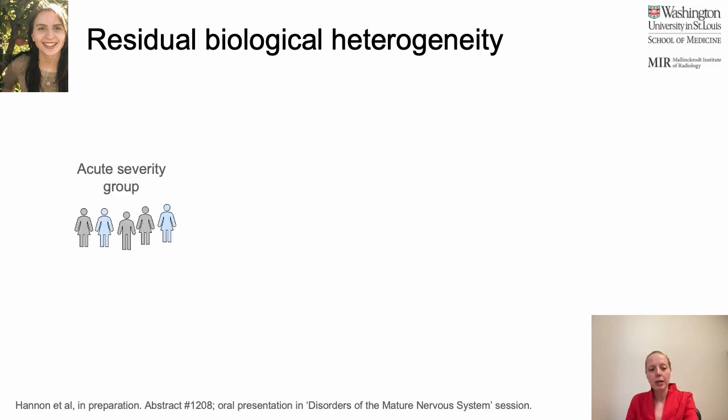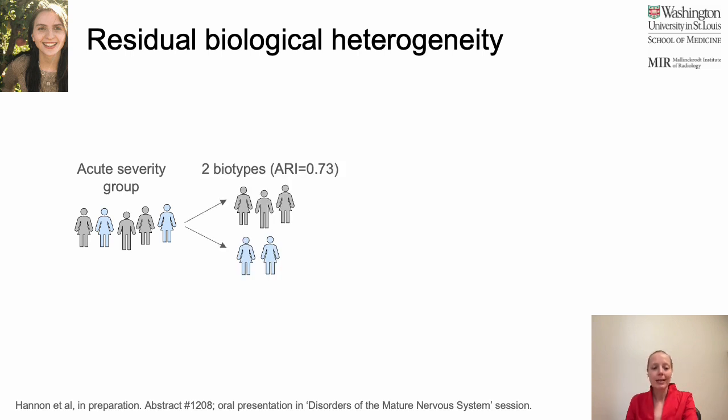So using clustering, and focusing on the acute severity group, we did identify two different biotypes. We did some bootstrapping to optimize the number of biotypes, and we did some cross-validation to test how stable these biotypes were. And these biotypes seemed relatively stable with an adjusted rand index of 0.73.